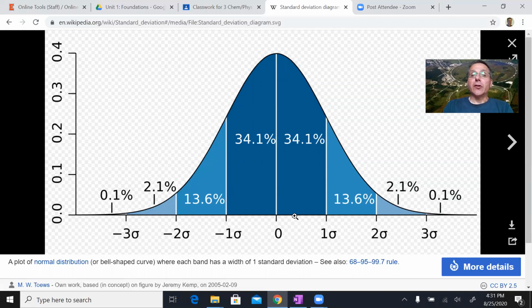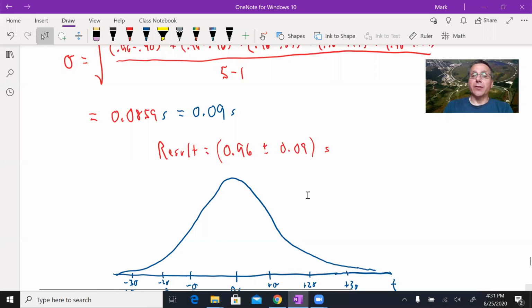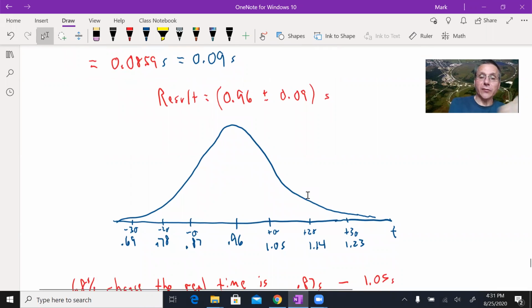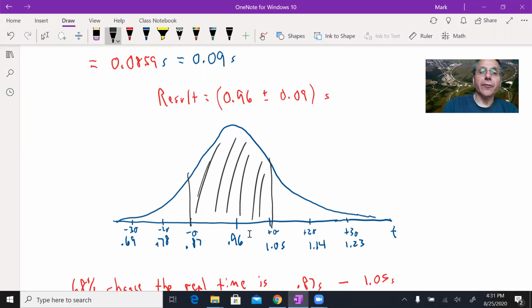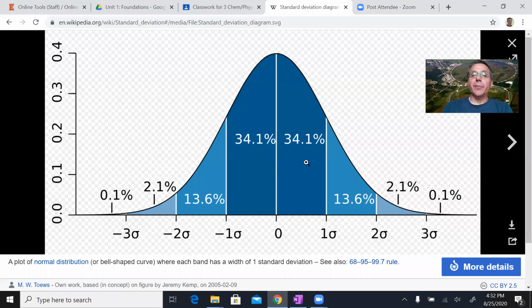So if we're going to report that the time it took this little thing to move past us was 0.96 seconds to travel a certain distance, plus or minus 1 standard deviation gives us the shaded region here of the bell curve. We have this Gaussian, and according to this diagram, that's about 68%.